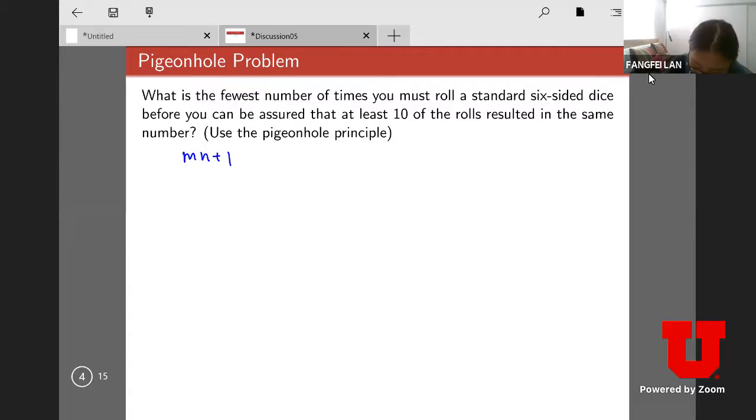So the theorem says that if mn plus 1 objects are distributed in n boxes, we're guaranteed that at least one of the boxes would have at least m plus 1 objects.